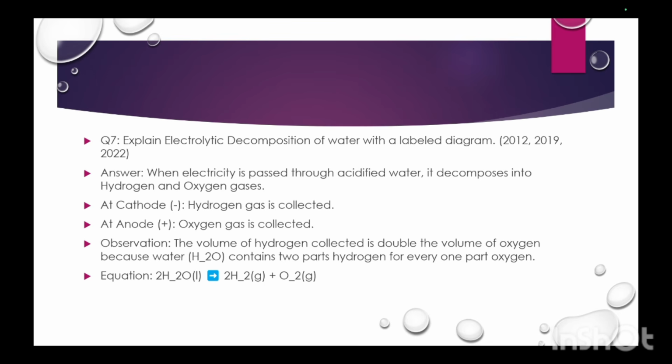Observation: the volume of oxygen is less compared to hydrogen, because in H2O we get 2 atoms of hydrogen and 1 atom of oxygen. So there are 2 parts of hydrogen for every 1 part of oxygen. The equation is 2H2O breaks down into 2H2 plus O2.